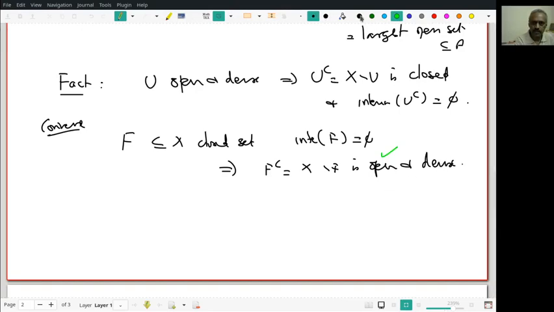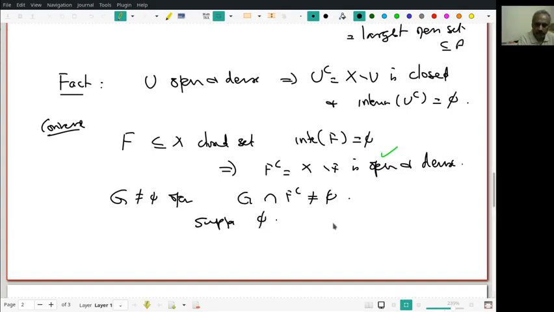To prove dense, what is the definition? You are going to give me a non-empty open set G. Then I have to show G intersection F complement is not empty. Suppose it is empty. What does that mean? G is contained in F complement, that is, it is contained in F. Are you following?